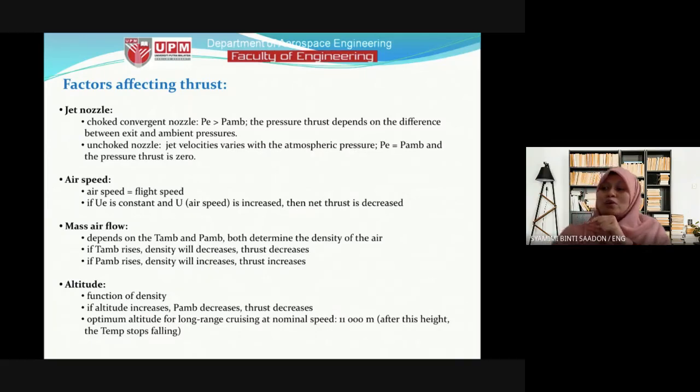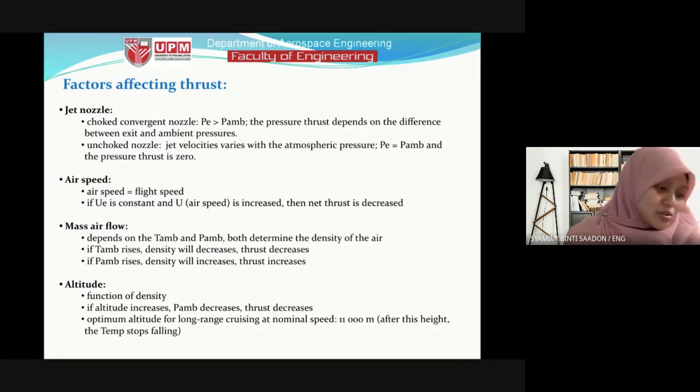So we need to add a divergent nozzle to increase the velocity to a high-speed gas. That's for choked. For unchoked, it is subsonic, so you will not get supersonic flow. Supersonic needs a convergent-divergent nozzle.